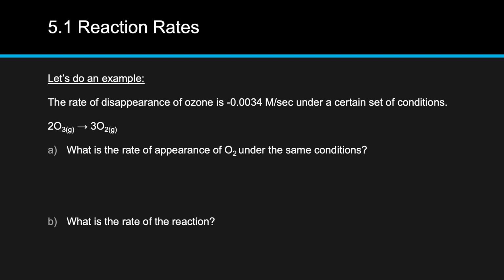So if it's under the same conditions, we can use basic stoichiometry to convert between our ozone and our oxygen gas. What we have so far is given to us as 0.0034 molarity per second of O3. And we can convert that to O2 by just using our balanced chemical equation. So we can go from moles of O3 to moles of O2.